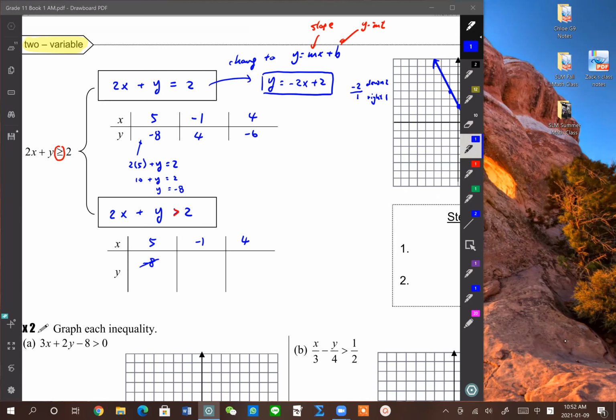Anybody? If I put negative 8, 2 times 5 plus something has to be greater than 2. What number should I plug in so it'll be greater than 2?